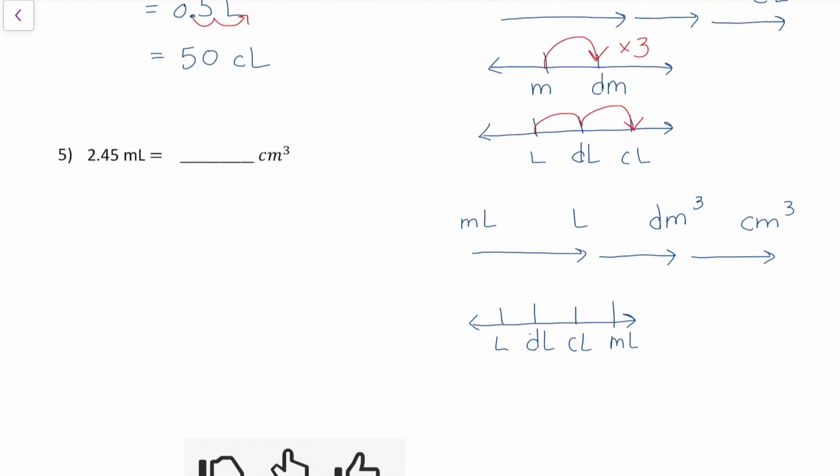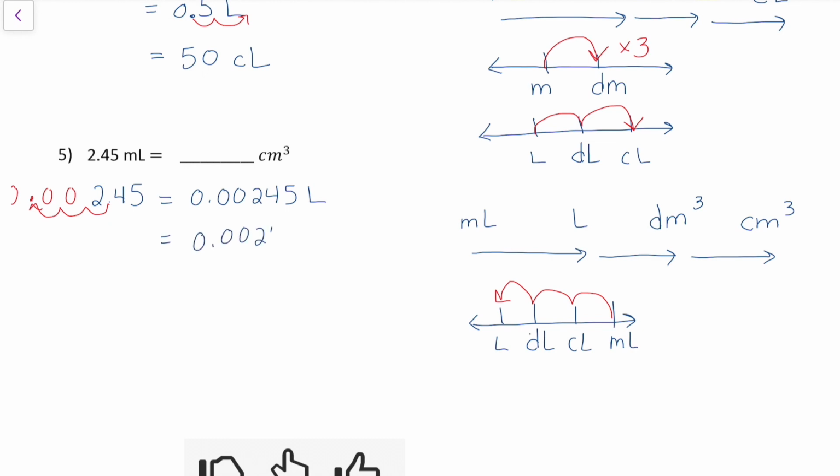So I'm going to do 1, 2, 3 jumps to the left. So if I take my number here, 4, 5, I'm going to do 3 jumps to the left. And so I get 0.00245 liters.